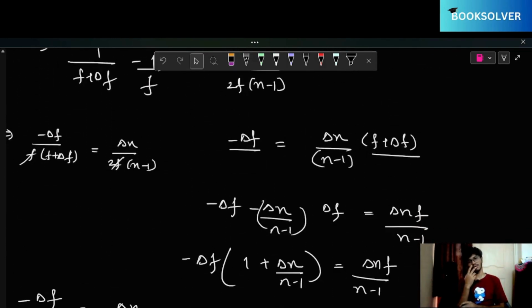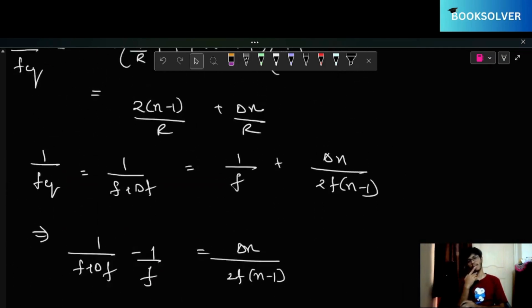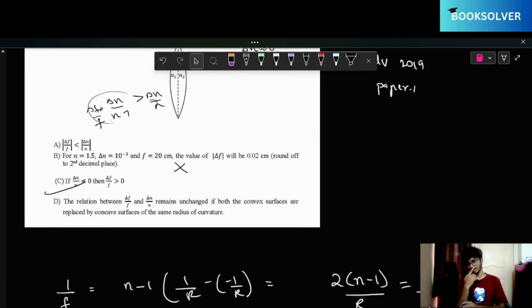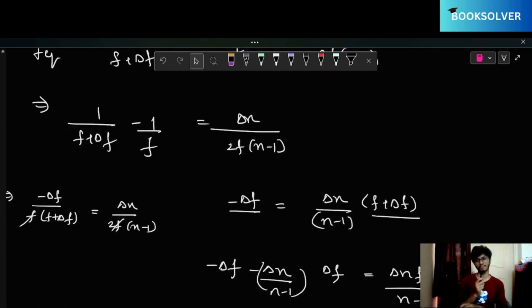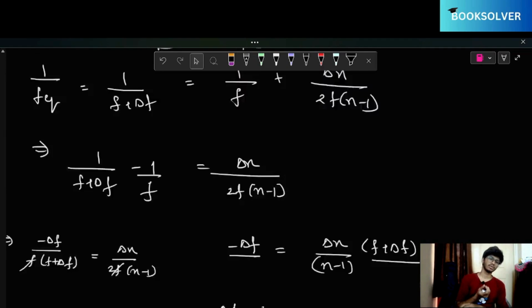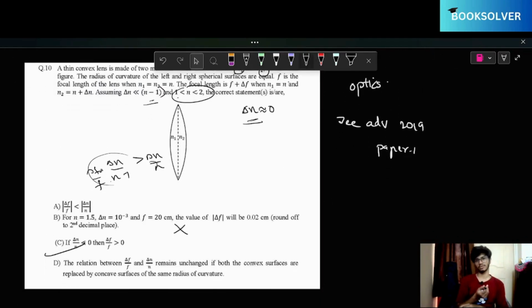Basically the modulus should not change, but the direction will change. So it will change, so only option C is right. Thank you.